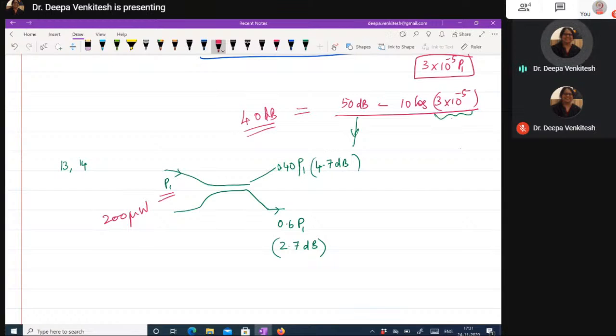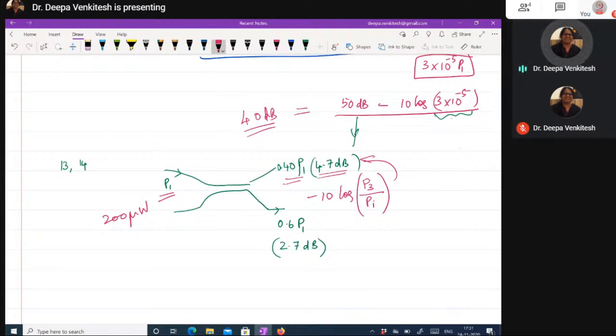So this is pretty straightforward to answer. How do you calculate the insertion loss here? It is minus 10 log of the power in P3 divided by the input power, P1 in this case. That's your insertion loss, which is given to you. So it's very straightforward to calculate the power levels P1 and P2.